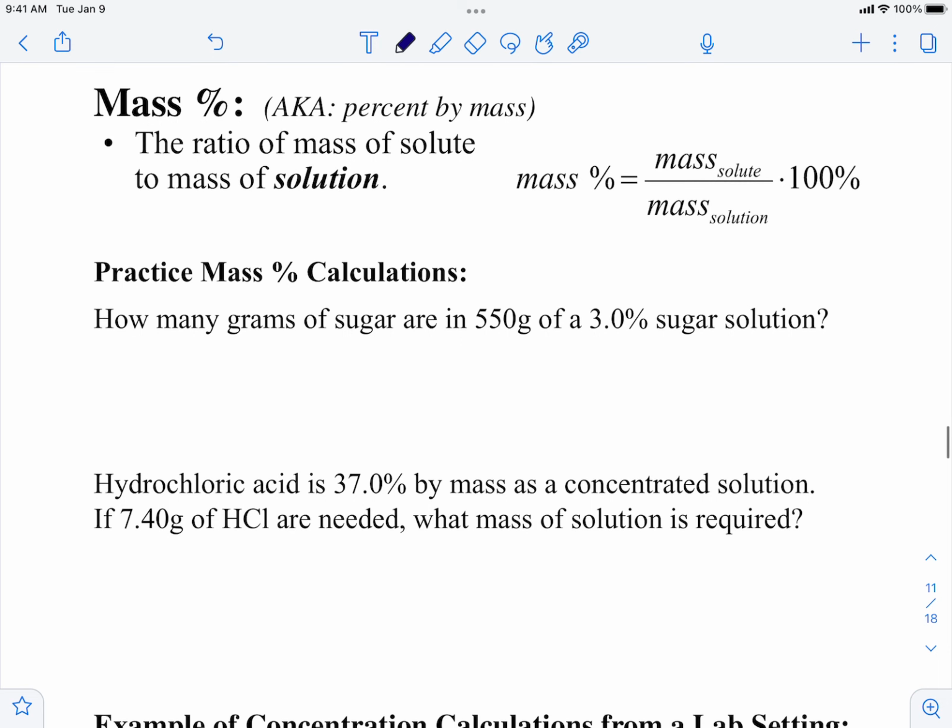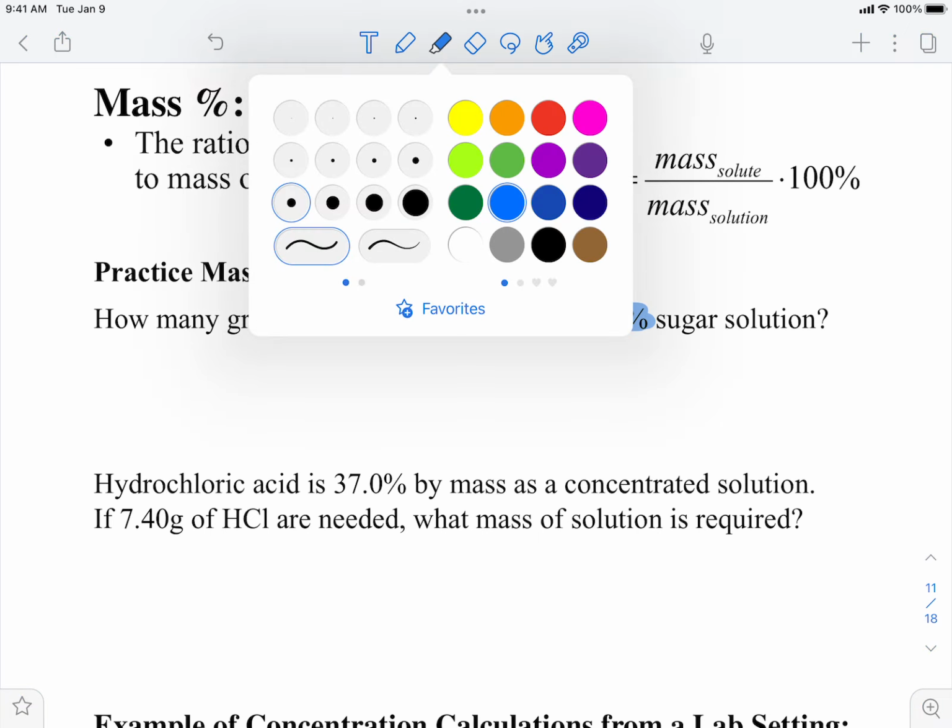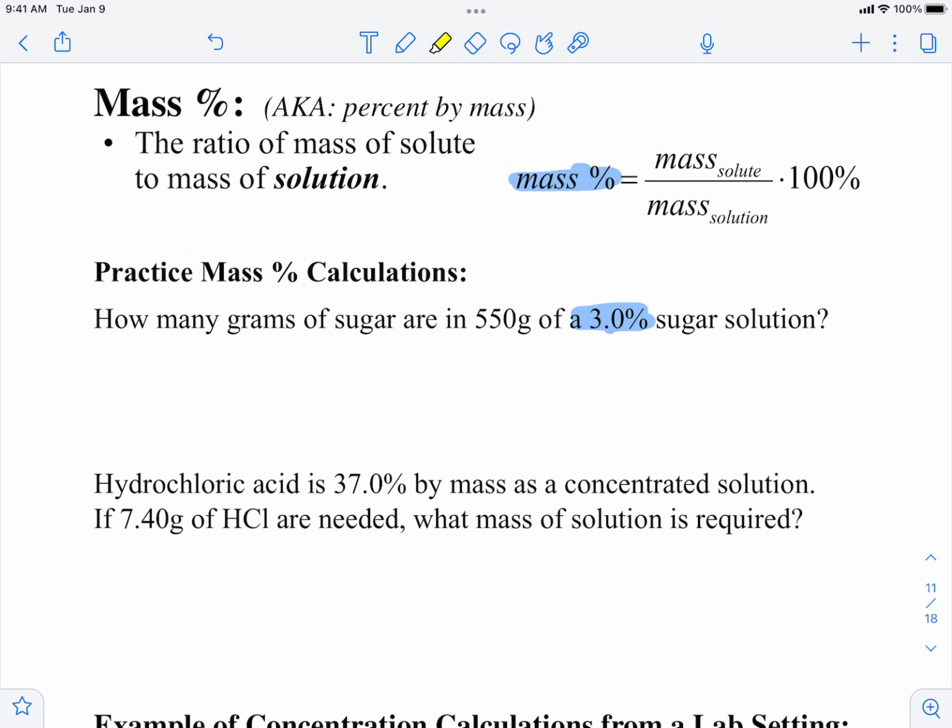So like here in this problem, how many grams of sugar are there in 550 grams of a 3% sugar solution? Okay, so let's think about what they're giving us here. They're telling us what the mass percent is so that we know this. They're also telling us that there's 550 grams of solution, so we know the mass of the solution.